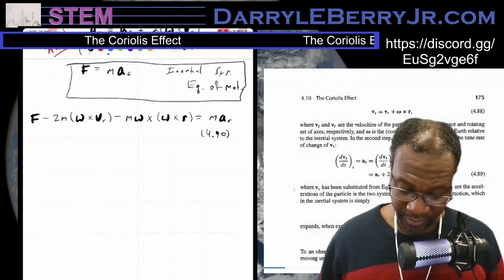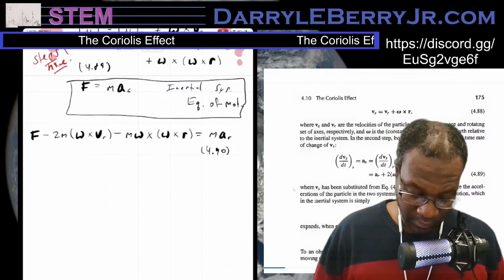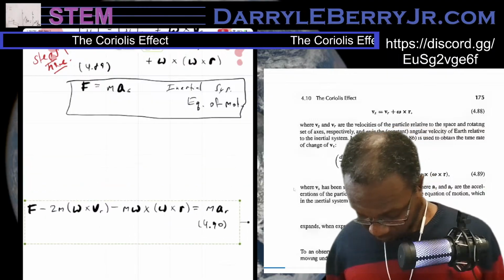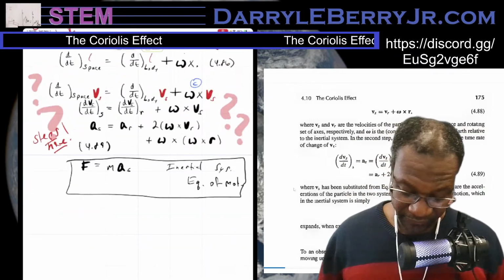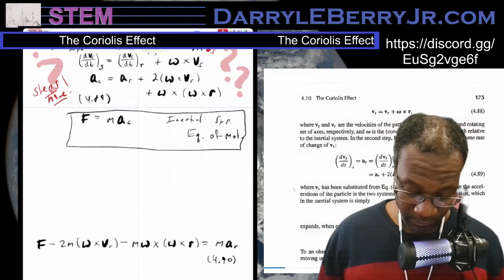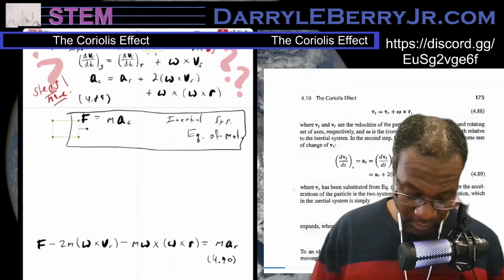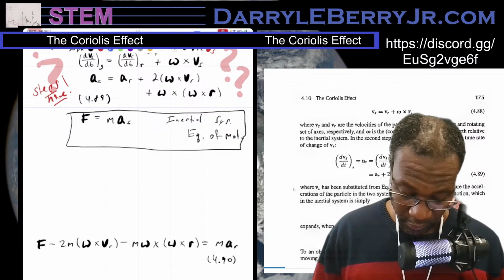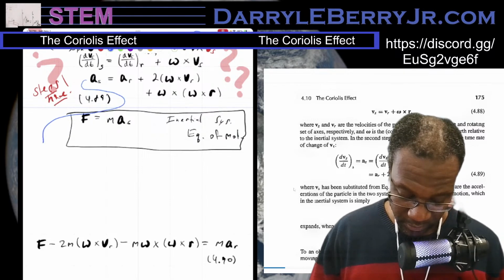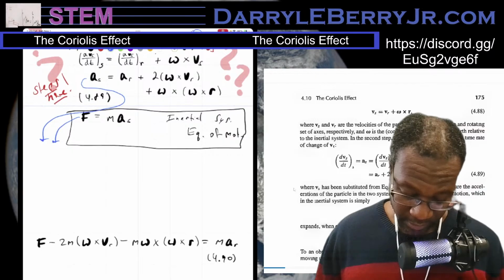So let me fill in the steps of what they did. So you have F equals ma in an inertial frame. I'm going to plug in this and this.